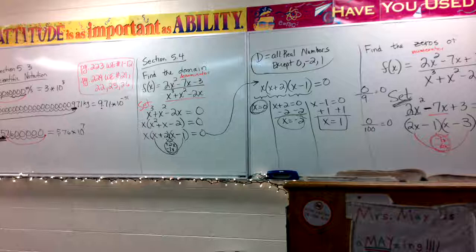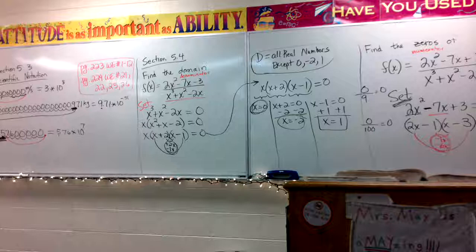So I got all real numbers except these three, except 0, -2, and 1. This right here is my domain. All real numbers except 0, -2, and 1. And why is that? Because all of these values make it equal 0.